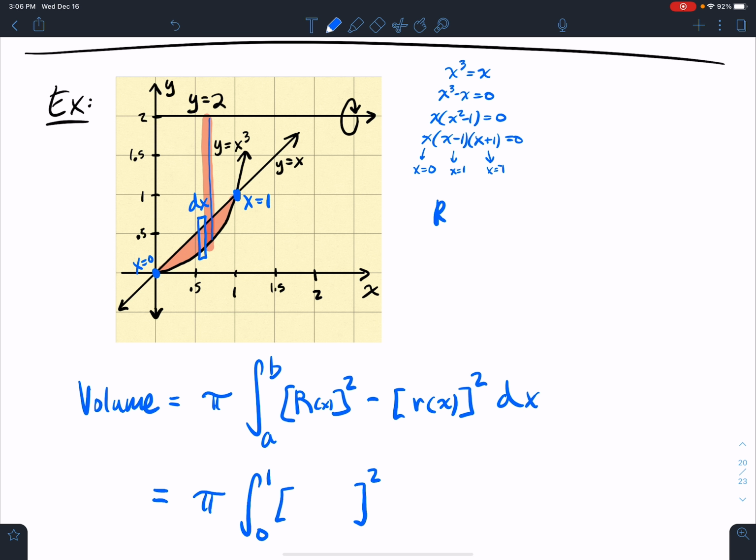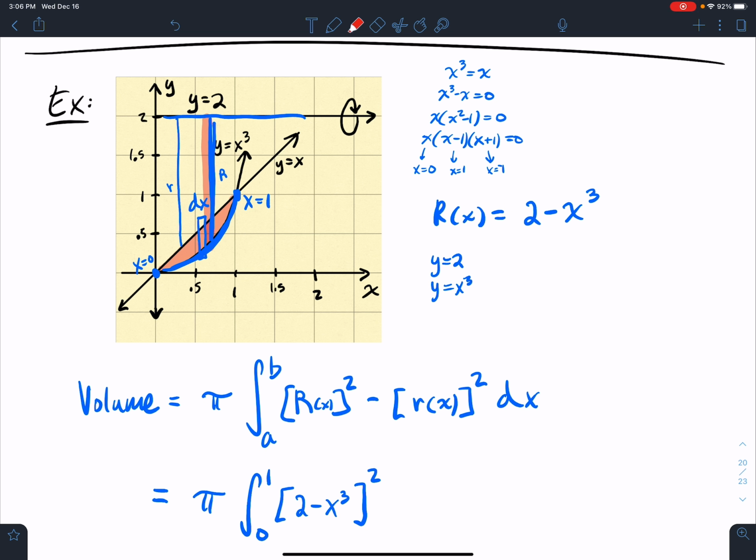Well, I have y equals 2. This is the big R, that's the little r. The outside radius is the y equals x cubed one. So top minus bottom is 2 minus x cubed, and I'll put 2 minus x cubed inside my first one here.